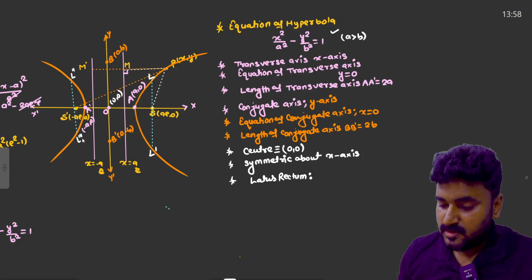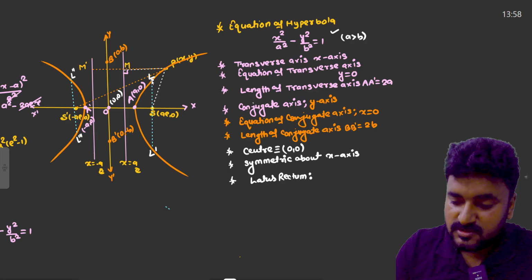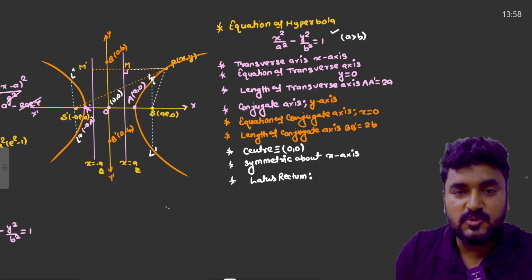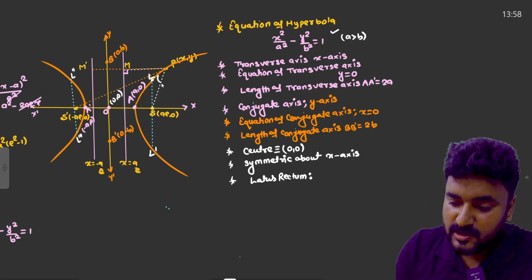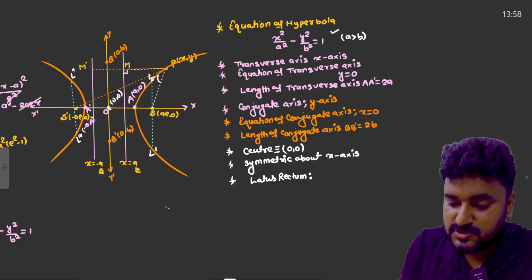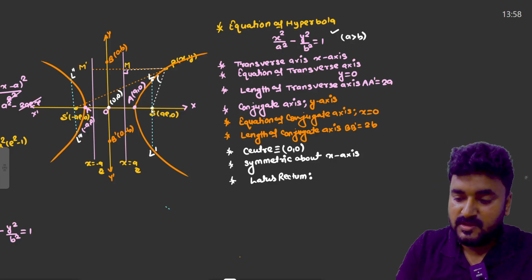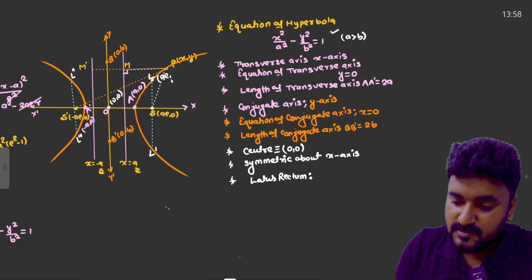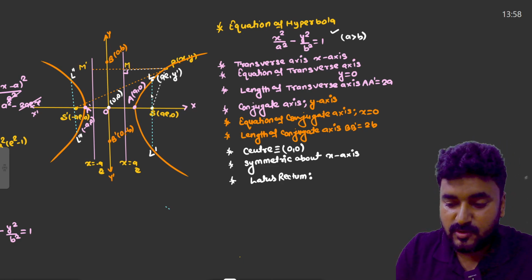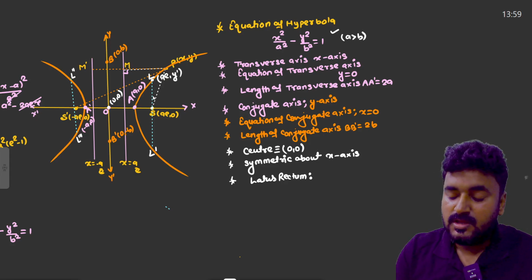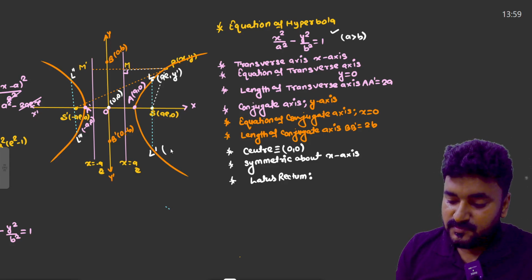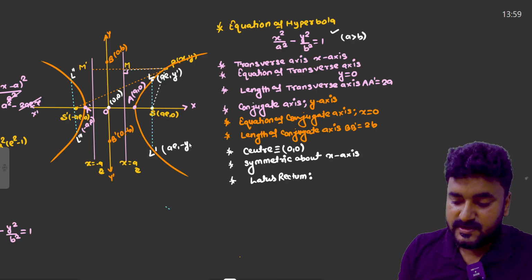Okay? So for the length, first of all I will find its coordinates. So for the L coordinate you can see that from the origin to this S the distance is ae. Okay. So the L coordinate will be ae comma y dash, because I don't know the value of y. Similarly L dash will be ae comma minus y dash.